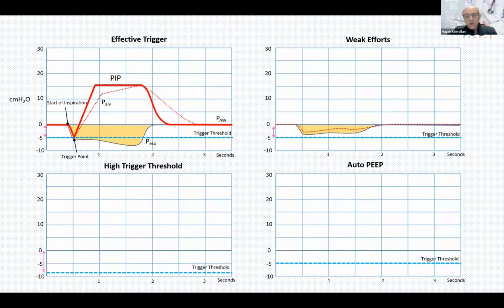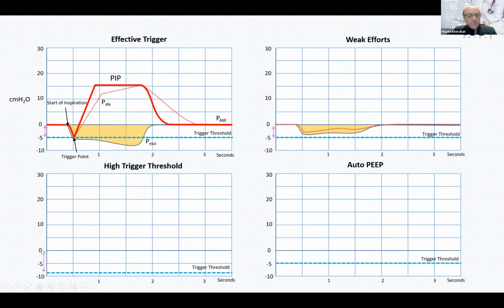If you set it at -10 centimeters, the patient needs to exert a lot of work in order to trigger the ventilator. So you need to adjust it. Of course, the trigger can be set based on the pressure or based on the flow. I'm just giving an example here based on the pressure.